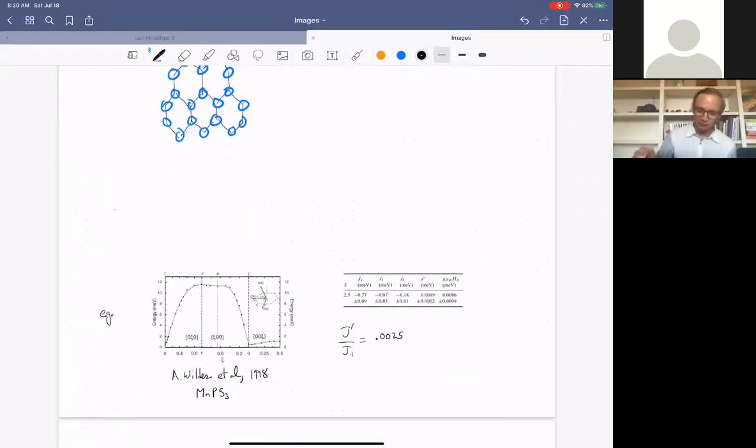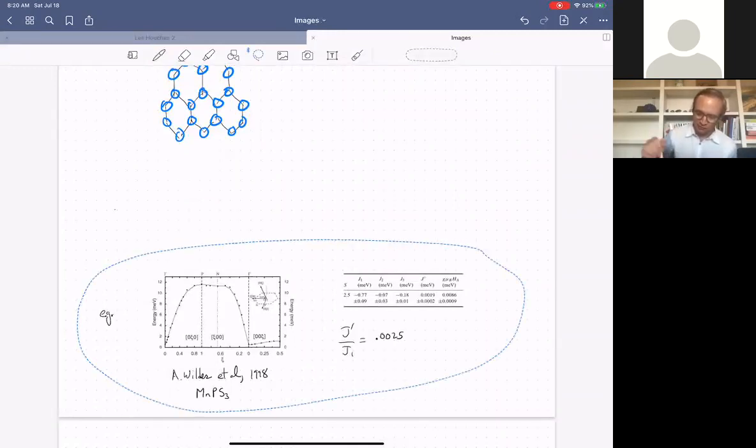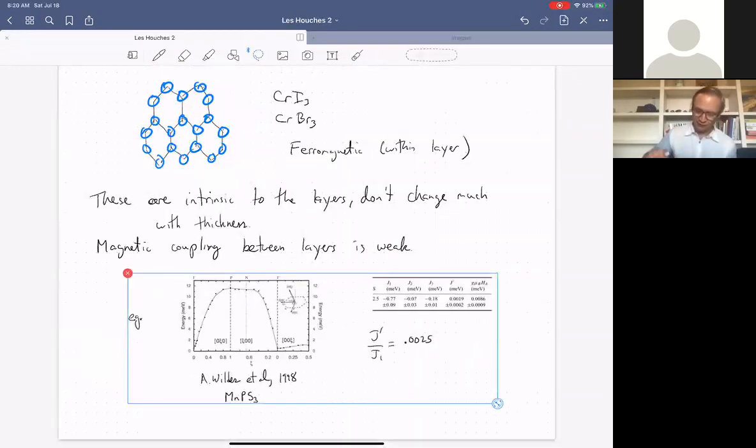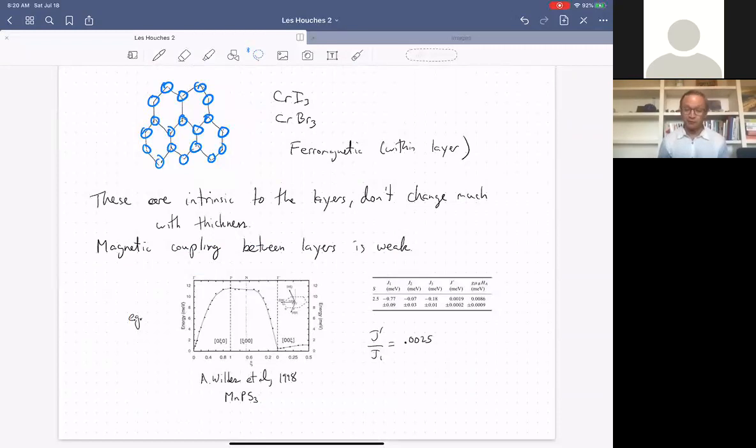Just as an example, I would highlight, let's take this example here. These are figures from a neutron scattering study of manganese phosphorus sulfur 3 in bulk crystal form. One of the most direct ways to get an idea of the strength of interlayer coupling is to measure the spin wave spectrum.